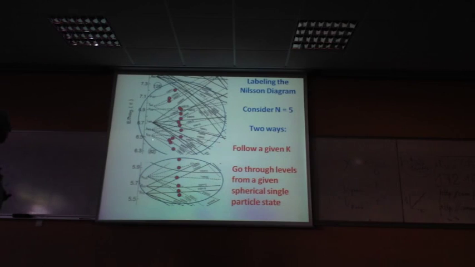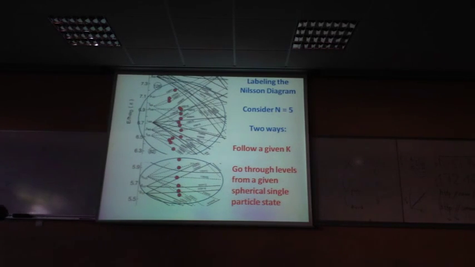So if we want to assign all the quantum numbers to the n equals 5 orbits, we need to include this. There are two ways of doing this, and I'll do both of them. These dots just simply help you see the orbits. The fact that they're moving around in deformation means absolutely nothing. It just means I didn't have room to put them over here.